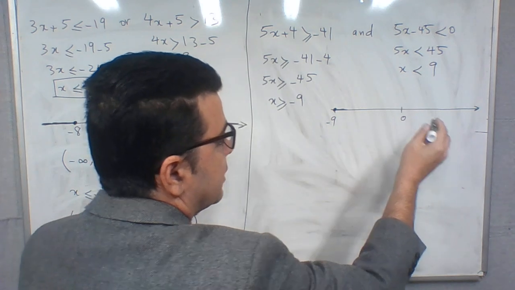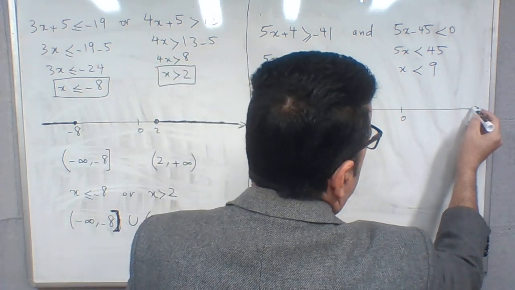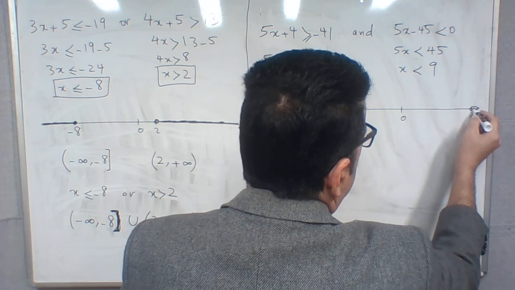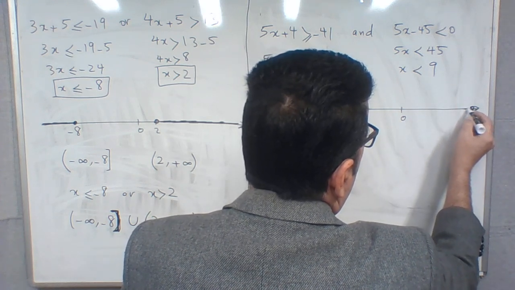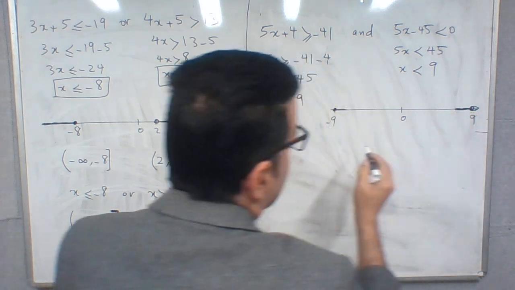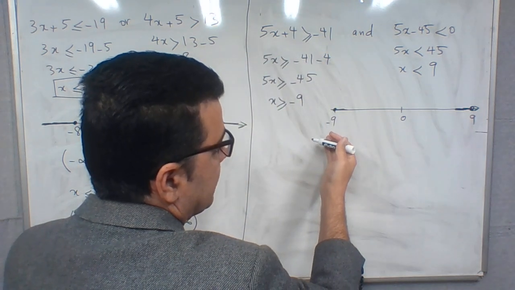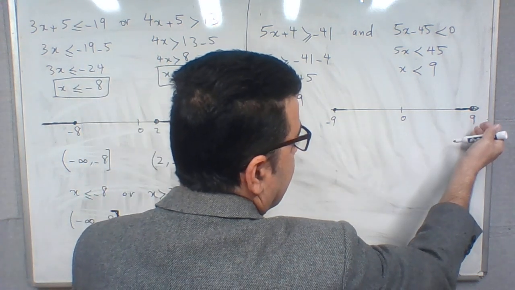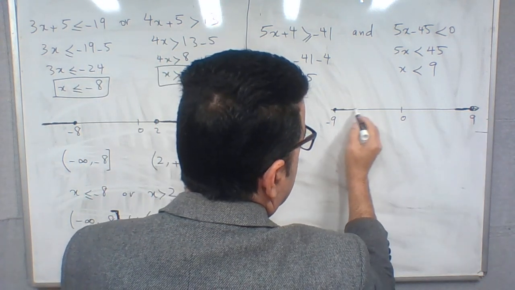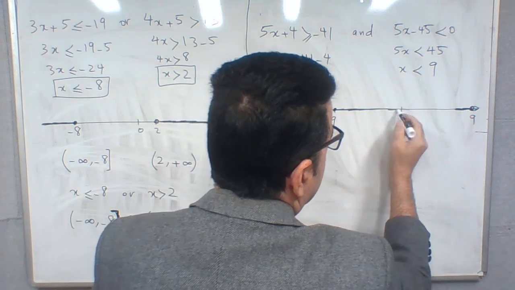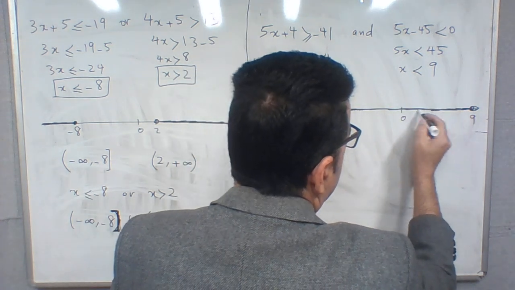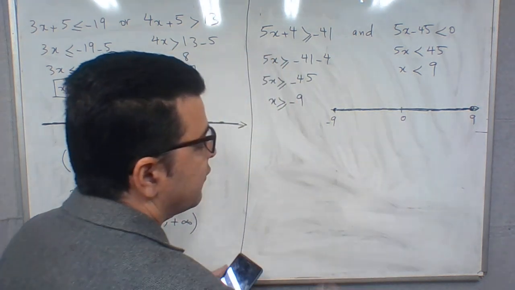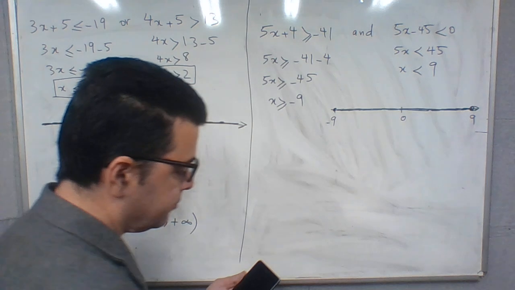The other part is x less than 9. So if this is 9, a hole here because it is not equal, and everything less than that. So if something wants to be greater than -9 and less than 9, it must contain everything in between. So everything in between is the answer, from -9 to 9.